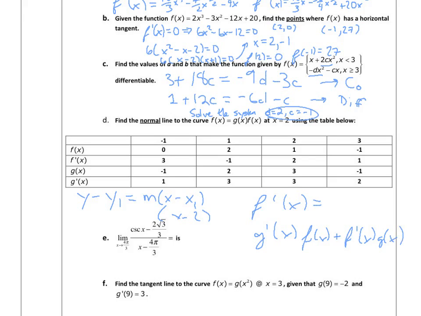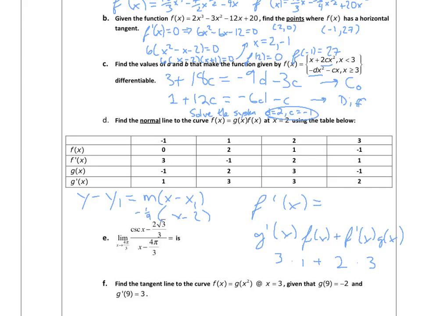And I'm looking for that derivative at 2. So g prime of 2 is 3, times f of 2 is 1, f prime of 2 is 2, and g of 2 is 3. So that's going to get me 9. But it wants it to be normal, so my slope is going to be negative 1/9.